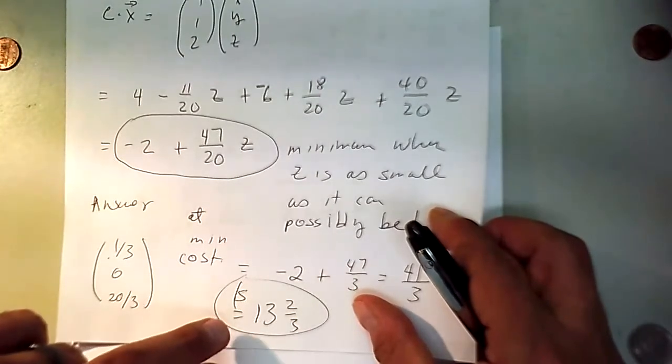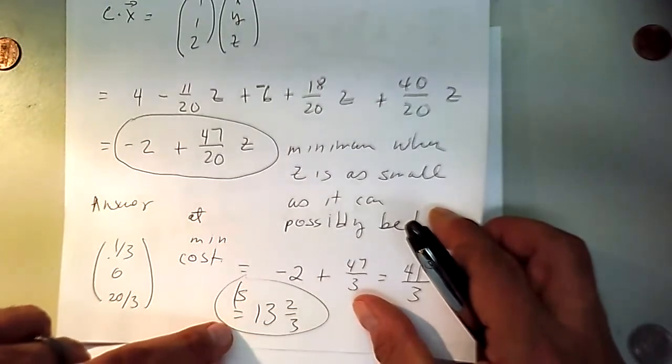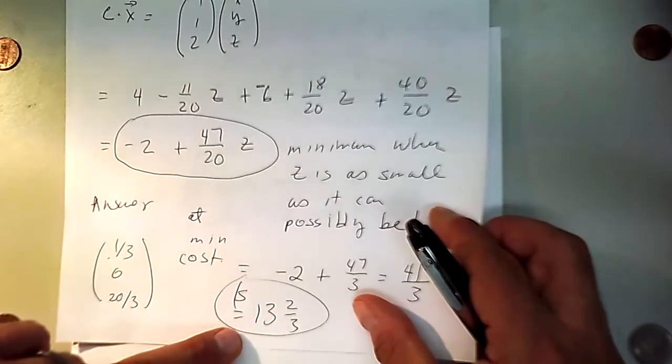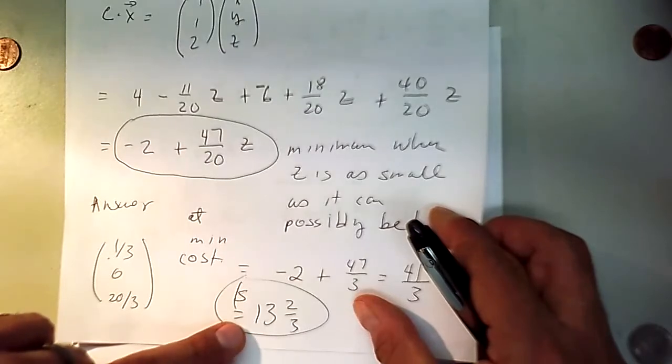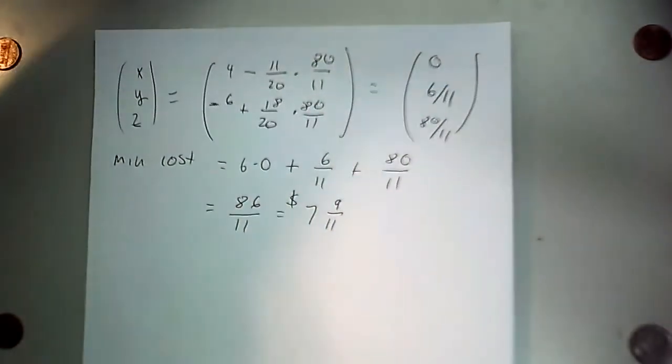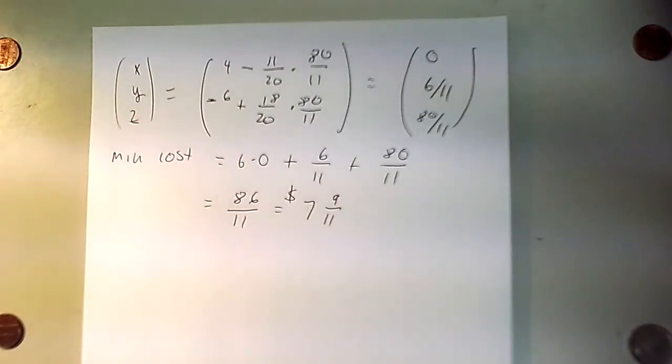So if Z doubles in price, we're still better off keeping our orders the way they are, even though the price will double. That is really, really interesting. And this is kind of fun because you start playing with money and production and orders and so forth.